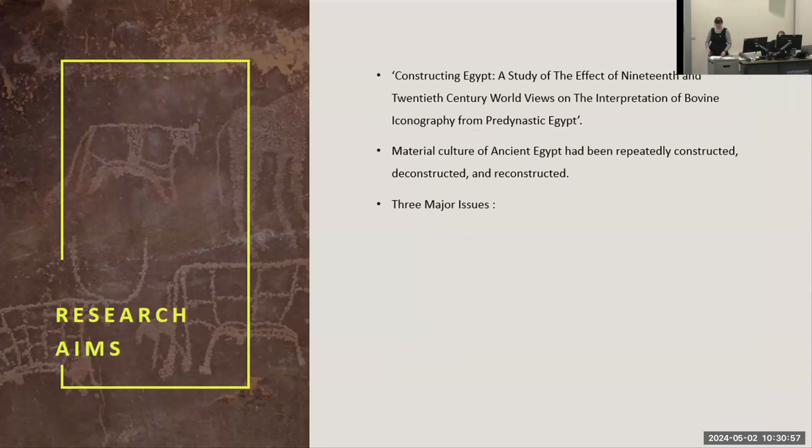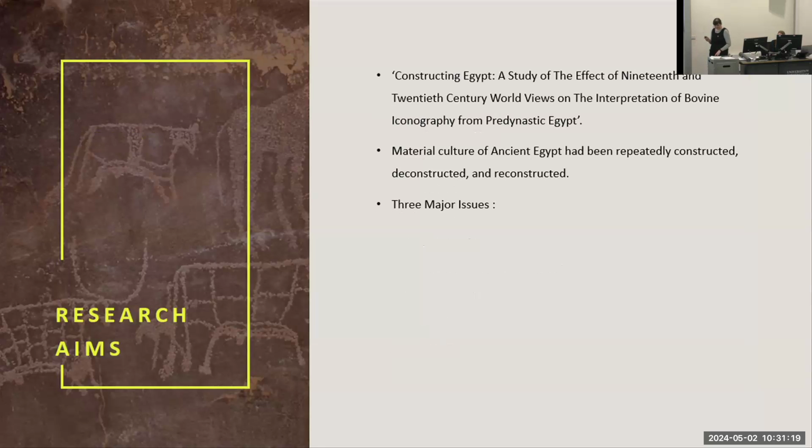So, my research aims. Let's delve into the roots of my research. Primarily, my current research is inspired by my master's dissertation, which was titled Constructing Egypt, a study of the effect of 19th and 20th century worldviews on the interpretation of bovine iconography from pre-dynastic Egypt.